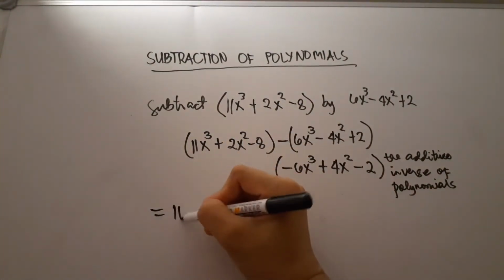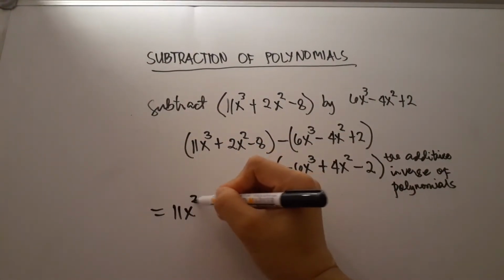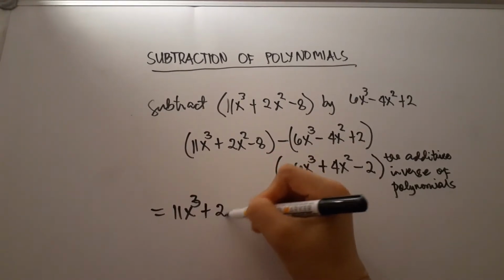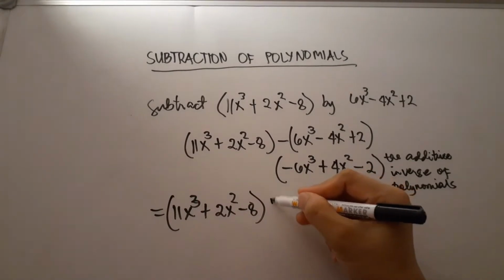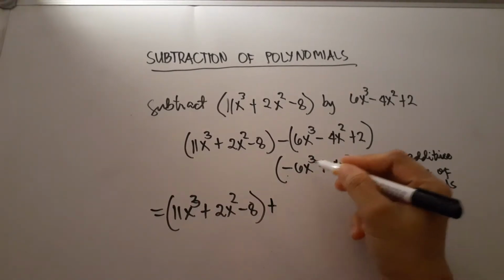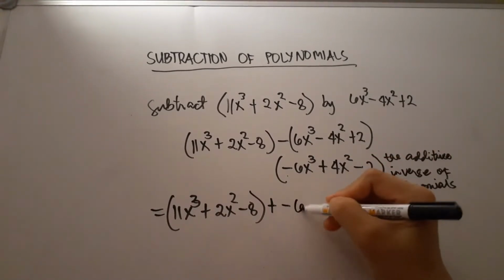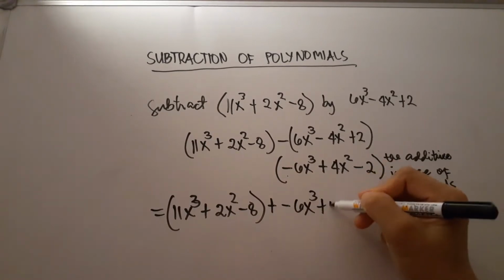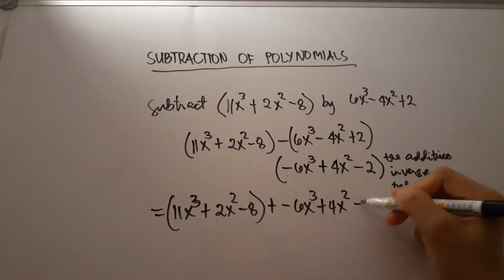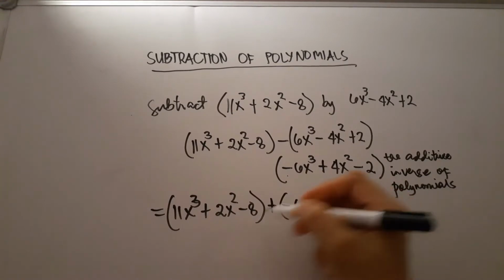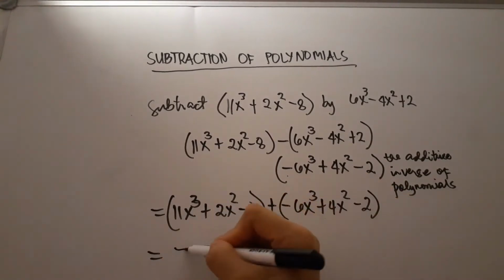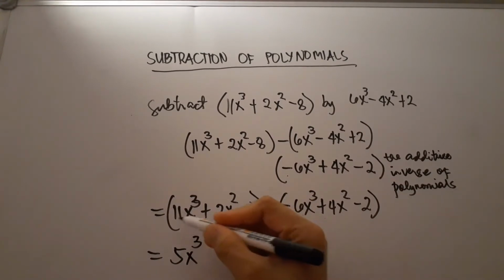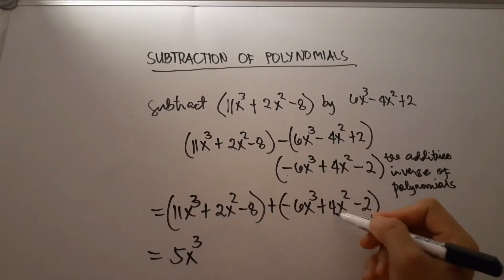And then copy the first polynomial, 11x cubed plus 2x squared minus 8, plus the additive inverse, which is negative 6x cubed plus 4x squared minus 2. And then add: 11x cubed plus negative 6x cubed becomes 5x cubed.